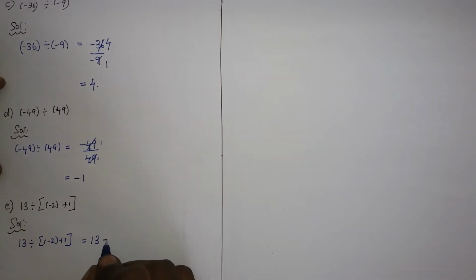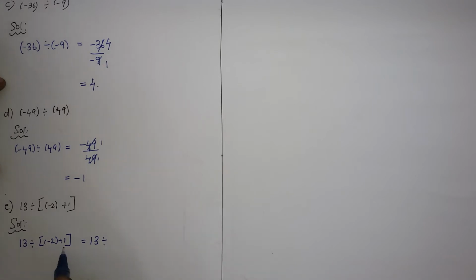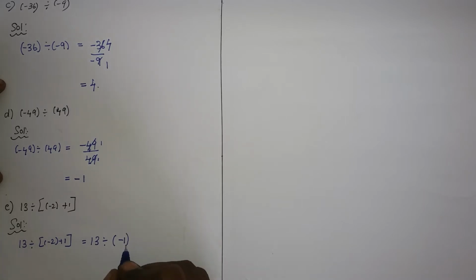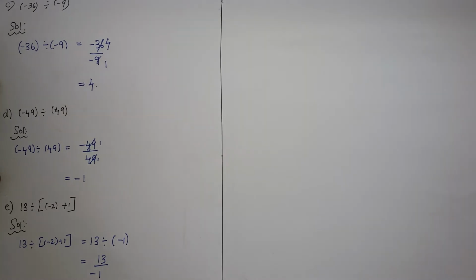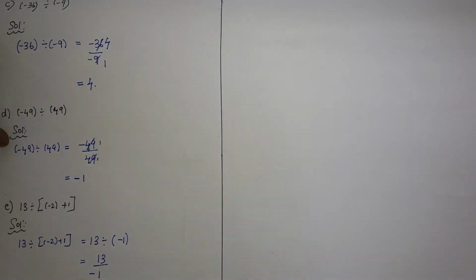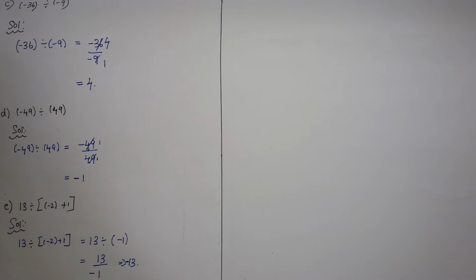Minus plus is minus, so 2 minus 1 is 1, my answer will be minus 1. So here 13 by minus 1, my numerator is plus, my denominator is minus, so plus minus is minus, so my answer will be minus 13.